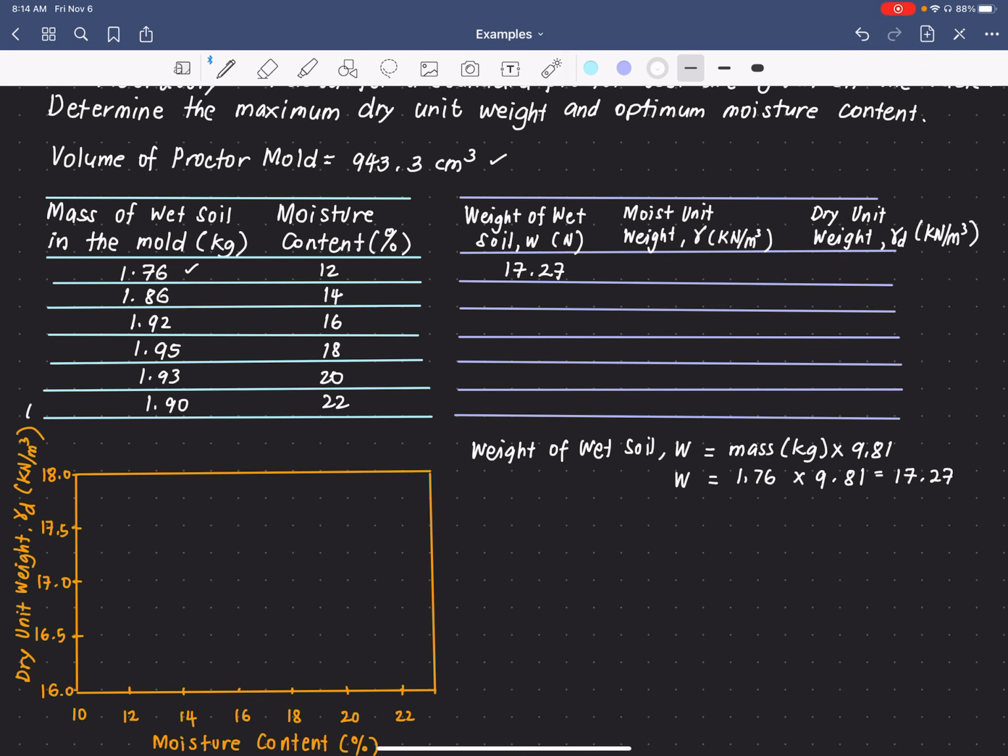And if we do the same process for all the masses of wet soil, we will get the following values: 18.25, 18.84, 19.13, 18.93, and 18.64.